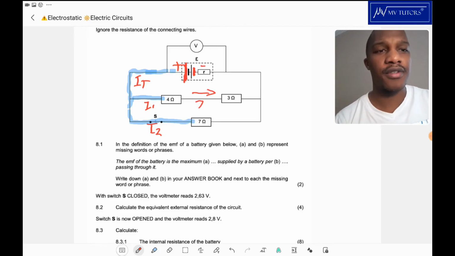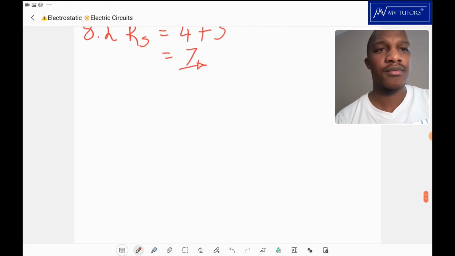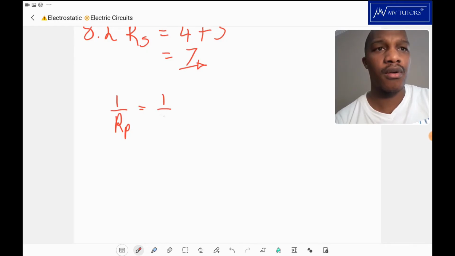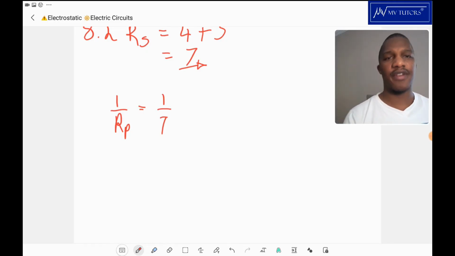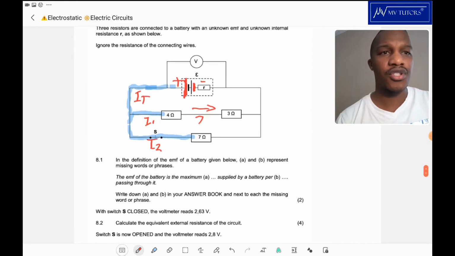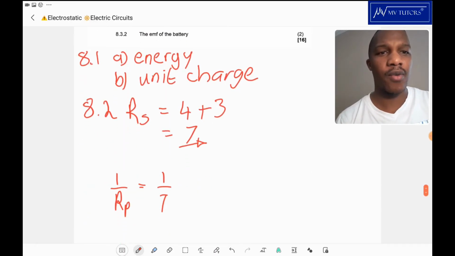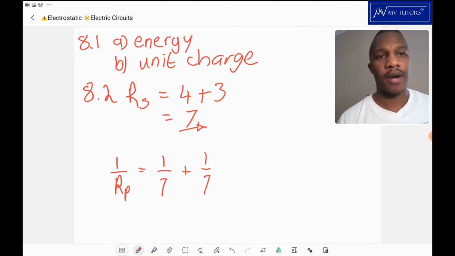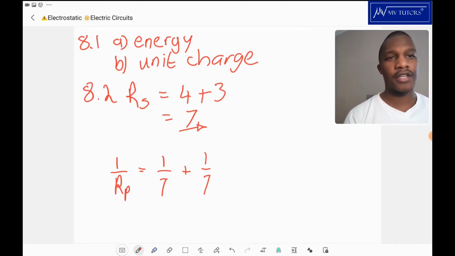Now if you remember how to calculate parallel resistors, it's 1 over Rp, equal to 1 over 7, which is the first one, and then we have a second one, so we're going to add that right here, 1 over 7.